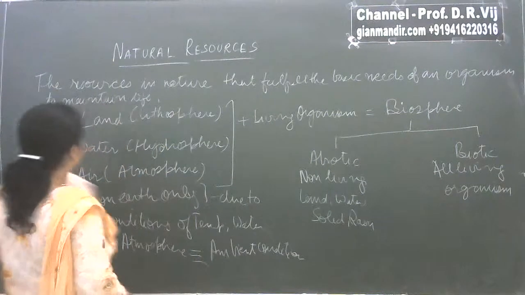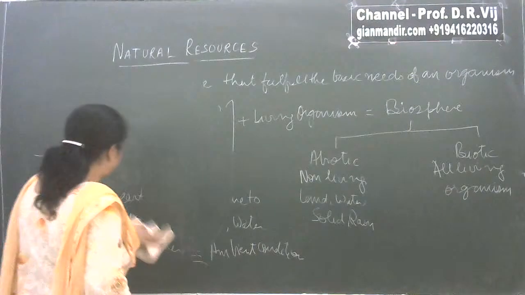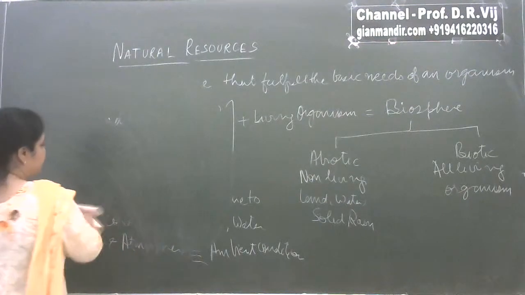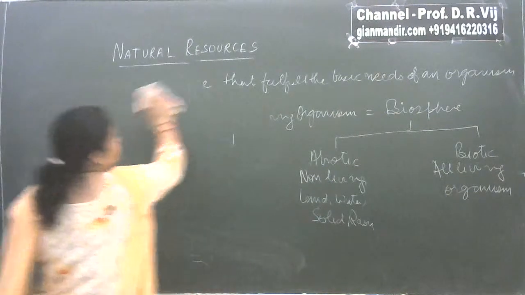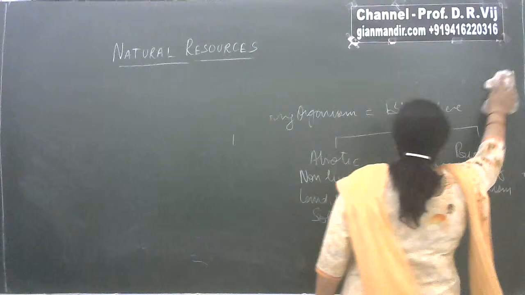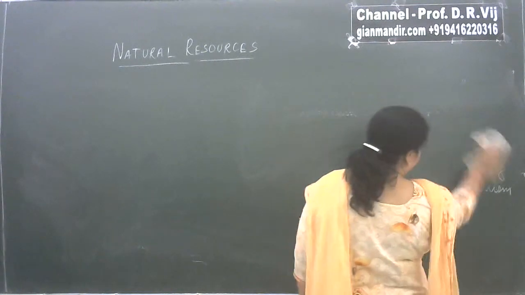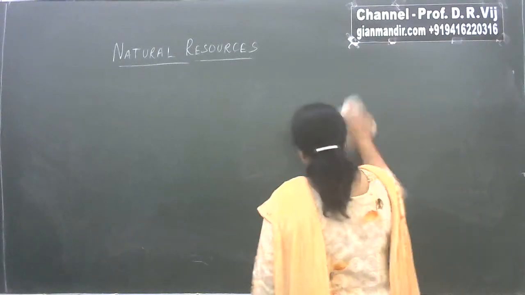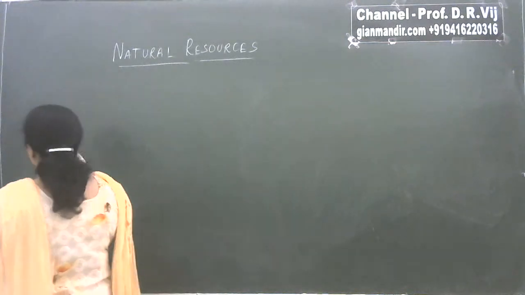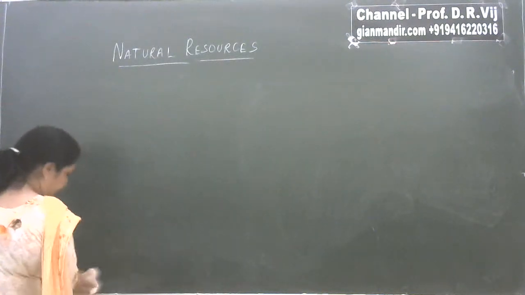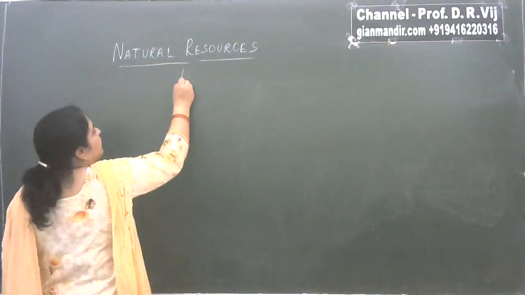And as we have started the chapter to study natural resources, let's have a look at the further classification of natural resources. These natural resources have been classified into various classes on the basis of their availability in present time as well as in future. On that basis, all the natural resources have been classified into two categories.